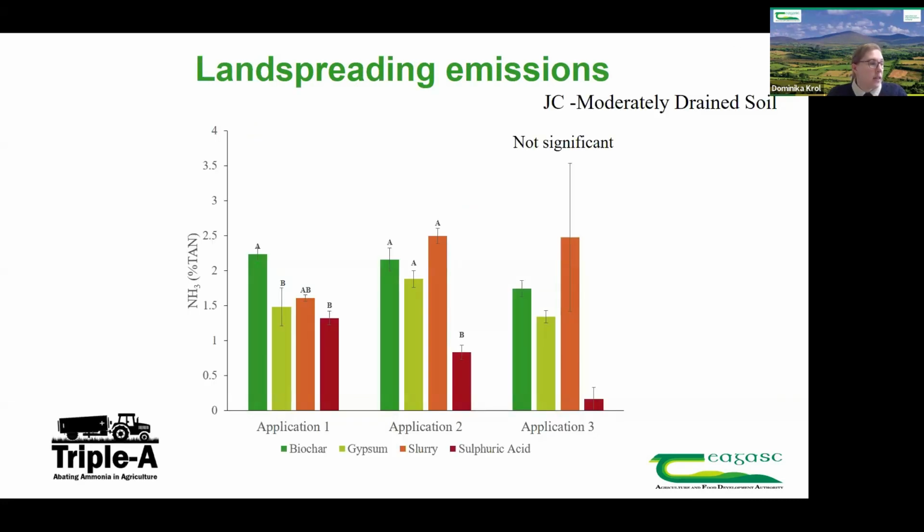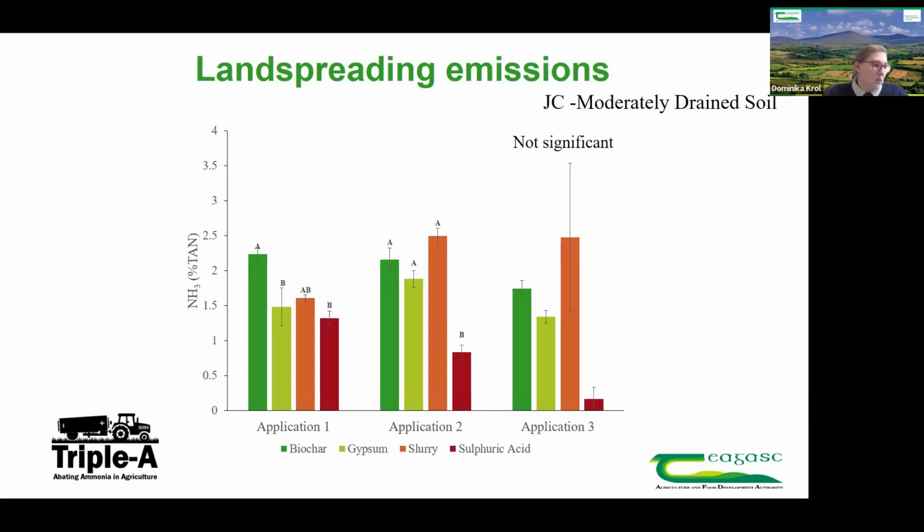So we had 3 applications of slurry with or without amendments. So application 1, 2, 3, and what you see here is ammonia emissions associated with that application. And in all applications, slurry with sulfuric acid exhibited the lowest losses compared to unamended slurry.